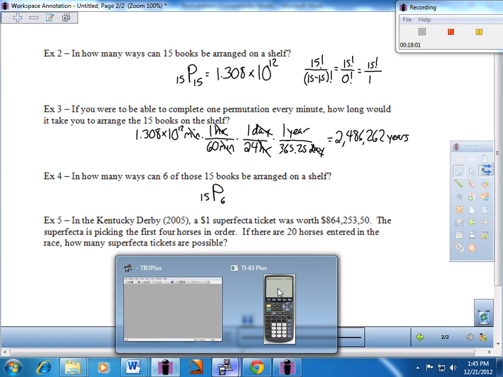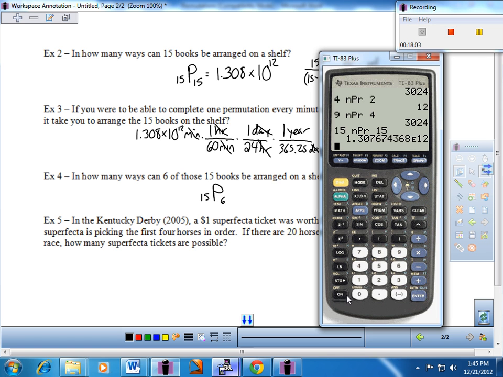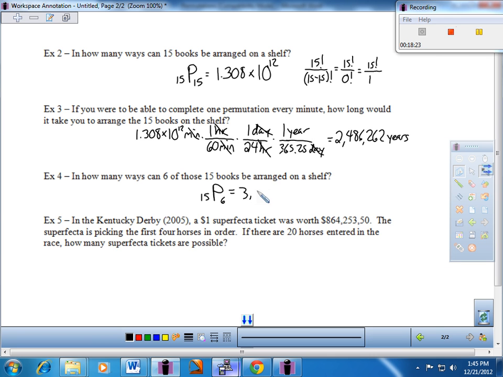I'll bring my calculator up. This one should be a little more manageable. But let's see. Again, permutations really brings up some incredibly large numbers. So 15P6, and just by that, that would be 15 possibilities in the first selection, 14 possibilities in the second, and I'm getting about 3,603,600 ways that can happen.